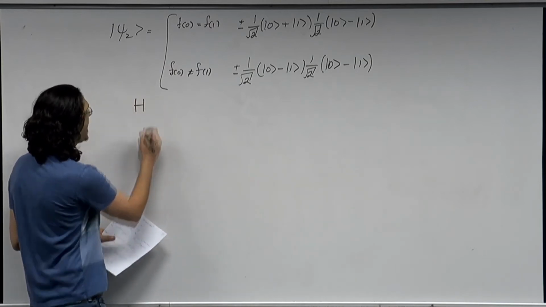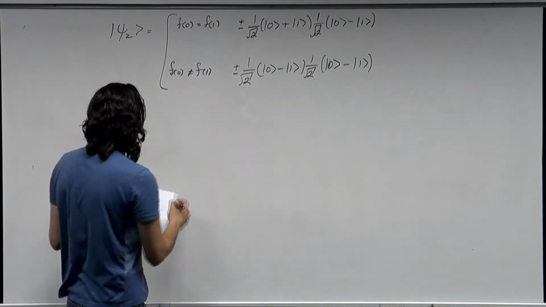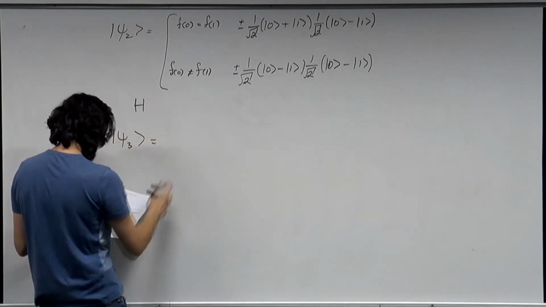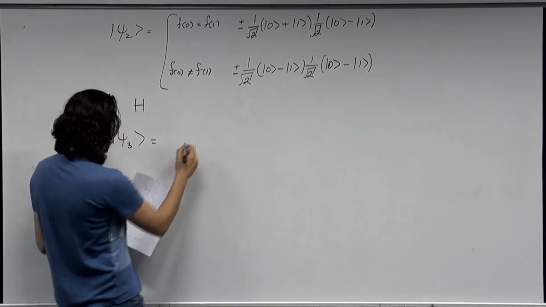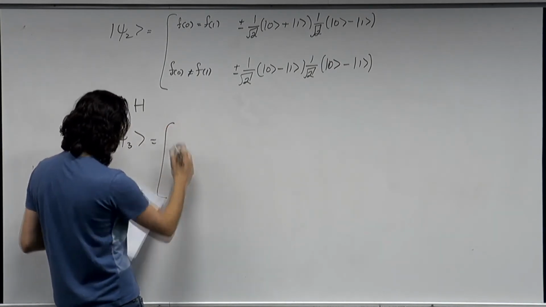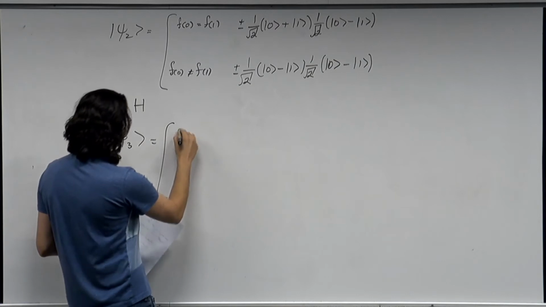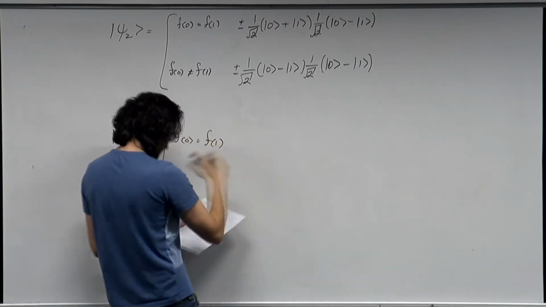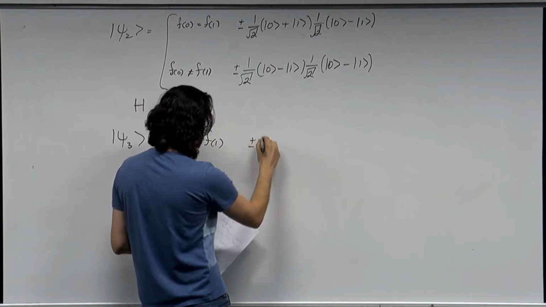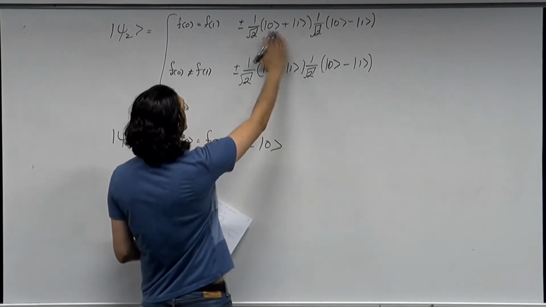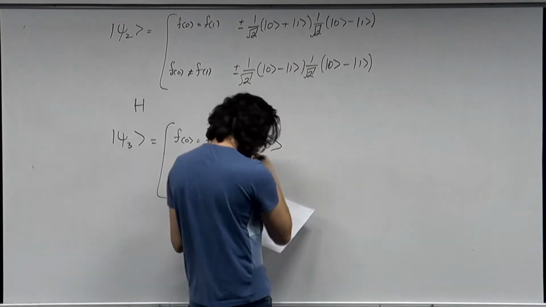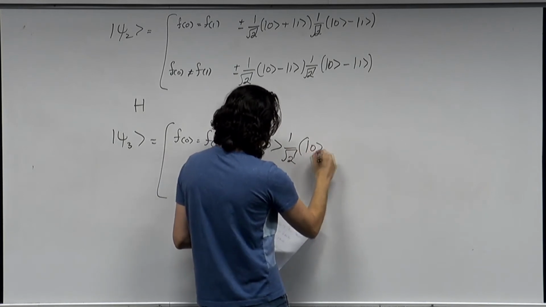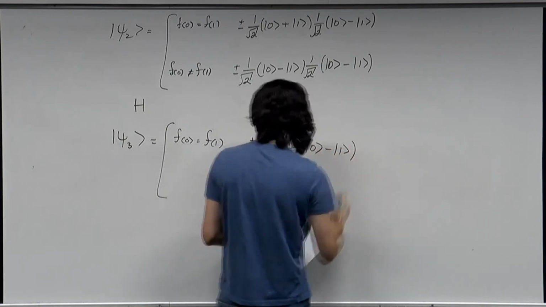Okay? And now we do the last step of the circuit that's on the other board. I remind you that's just doing a Hadamard on the first qubit, which gives us psi 3. And then psi 3 is just going to be, for the first case where f of 0 equals f of 1, plus minus 0, because 0 plus 1 goes to 0 under Hadamard, 1 over square root of 2, 0 minus 1.